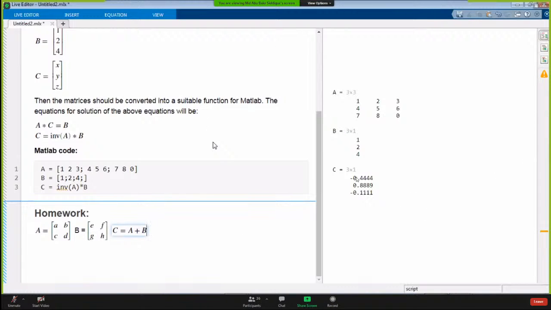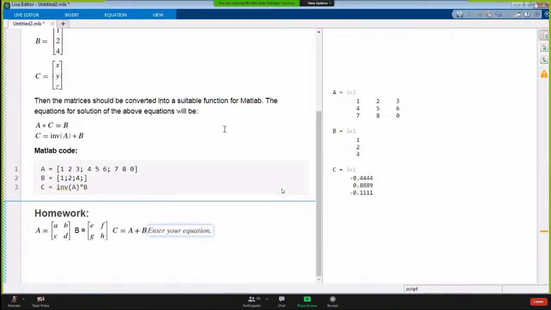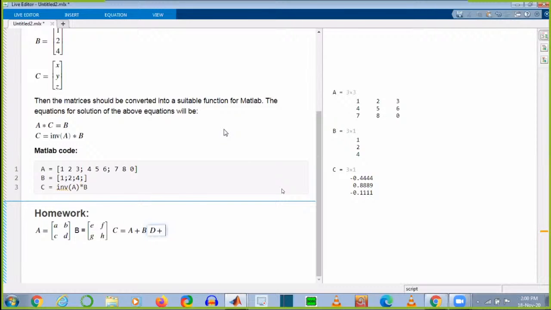Then suppose D. Take another equation. D equal A into B. Okay, so these are the matrices. You'll find them by yourself. Then we have matrices here. You can see A, B, C, and D.